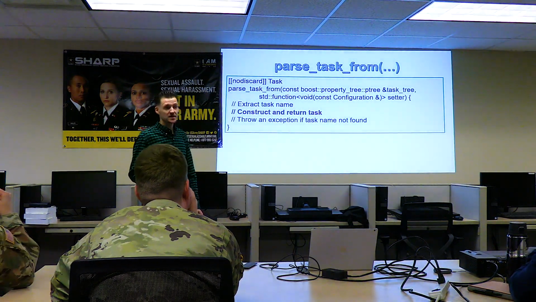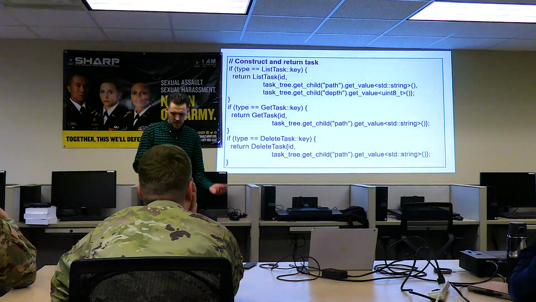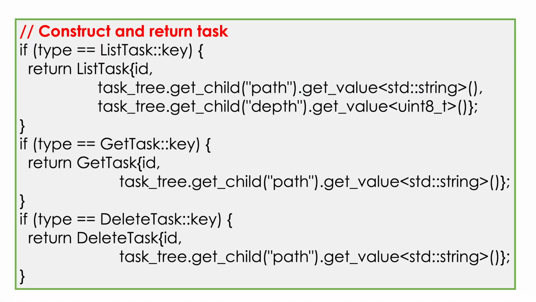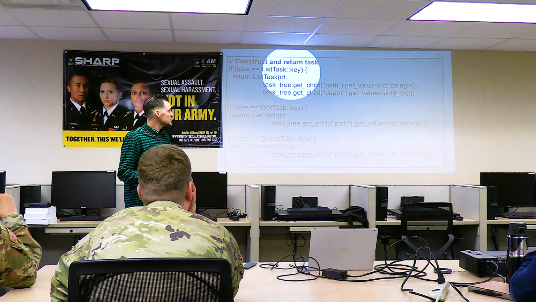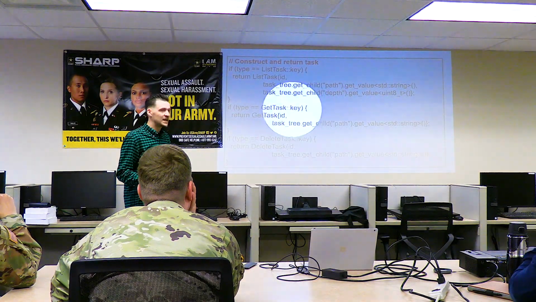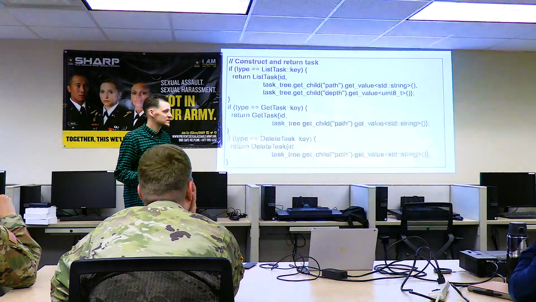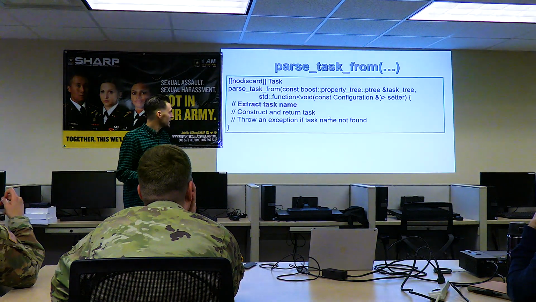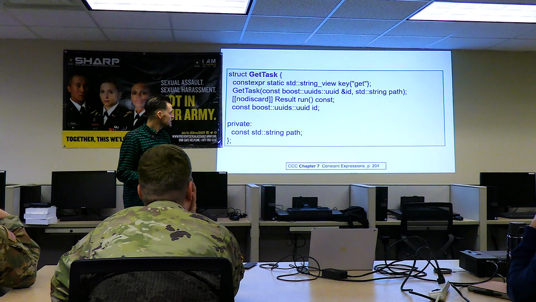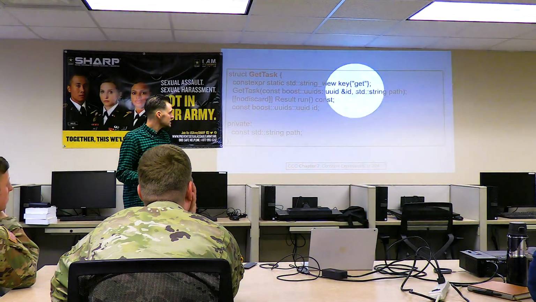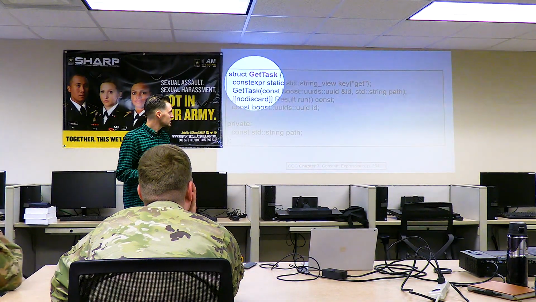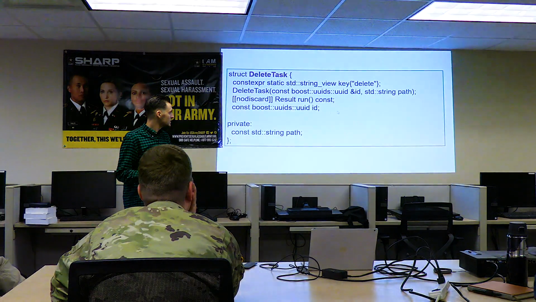Construct and return the task. No surprise here. This is just a simple if-else. Notice that I use that key member, that static member on the class, so that we can compare. See these keys here?